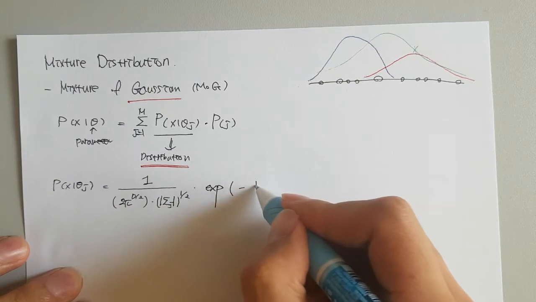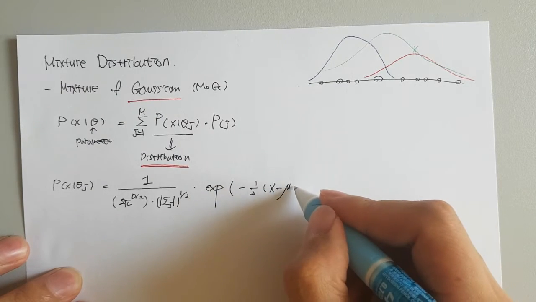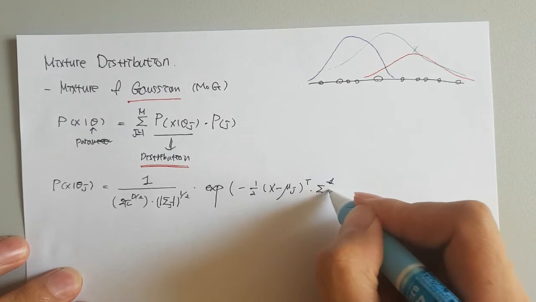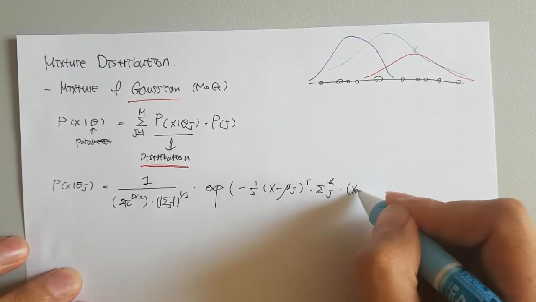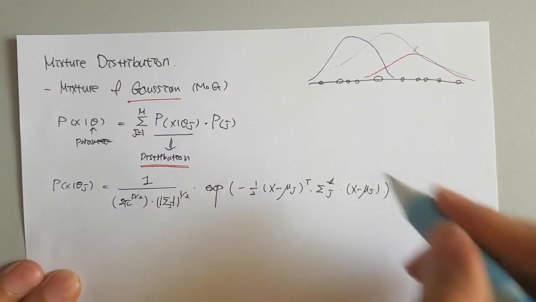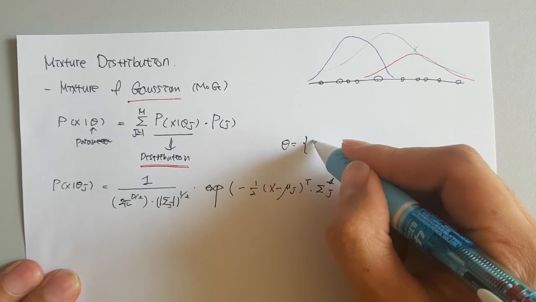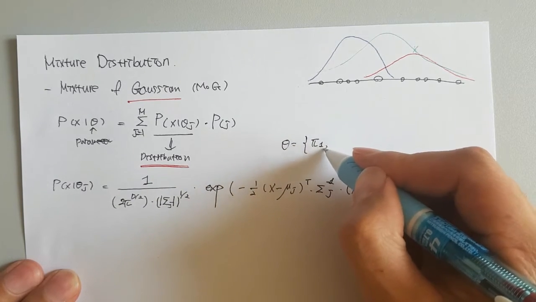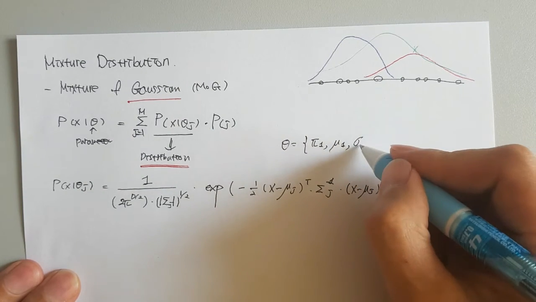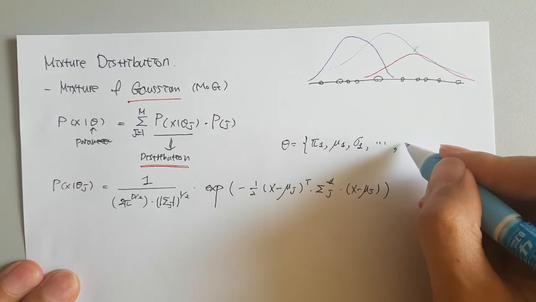I'm sure you are all familiar with this Gaussian or normal distribution equation. Here the parameters are pi, which is the weight, mu, which is the mean, and standard deviation, which is squared to give the variance.